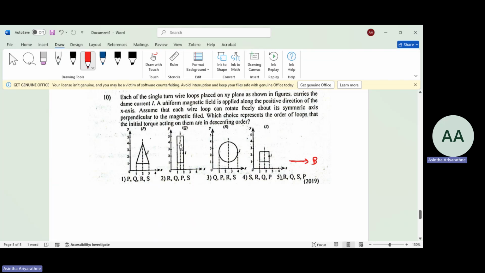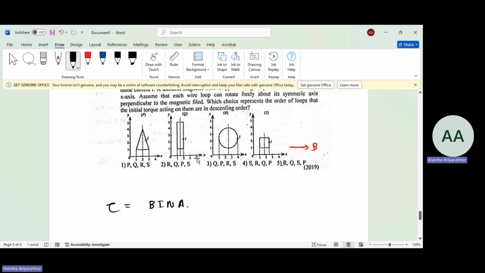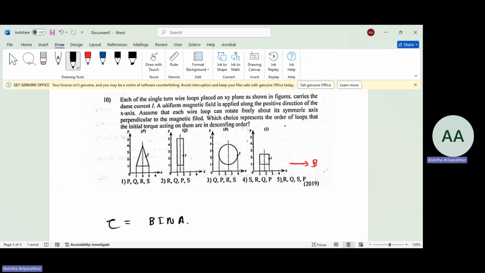So the torque is B I N A. B, I, and N are all constant, the same for every loop.